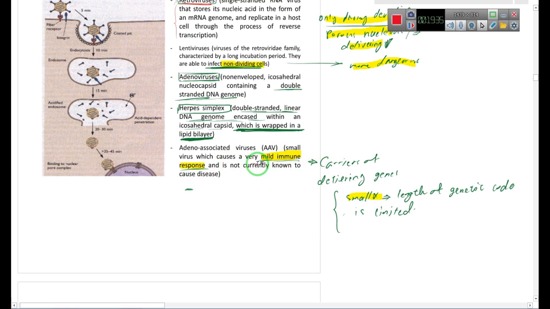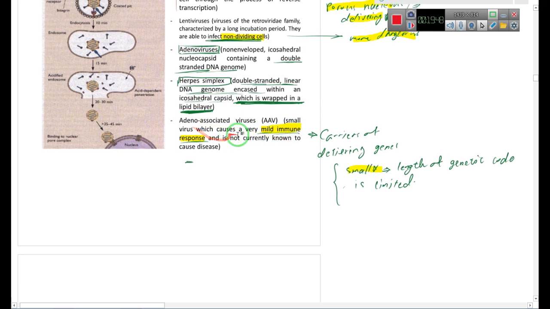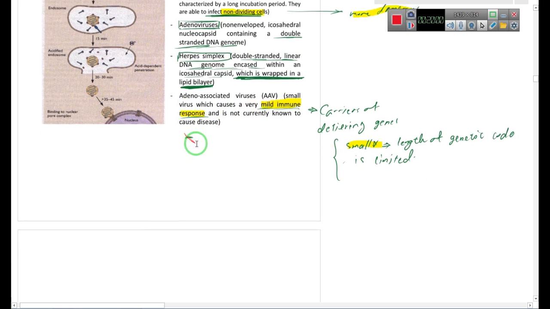They cause a very mild immune response. So these are the ones which are appropriate for delivering the nucleic acids into the body. But there is one limitation with them, that they are so small. So the length of genetic code that can be carried by these viruses will be limited.